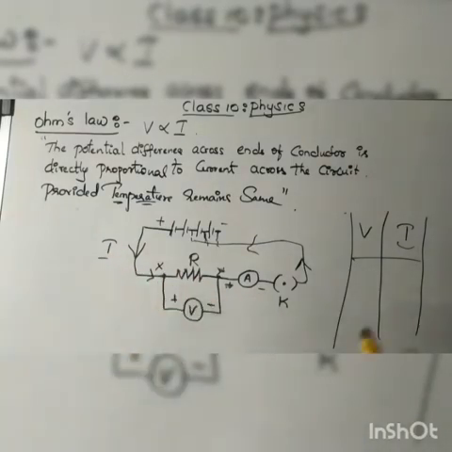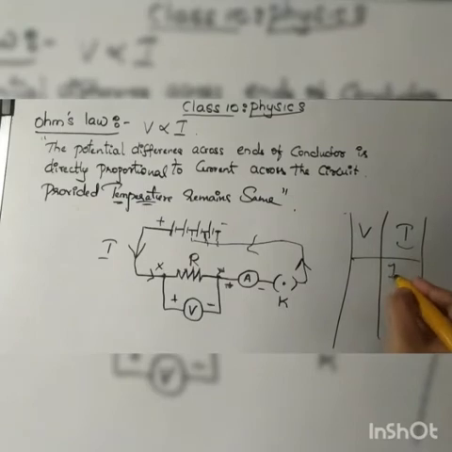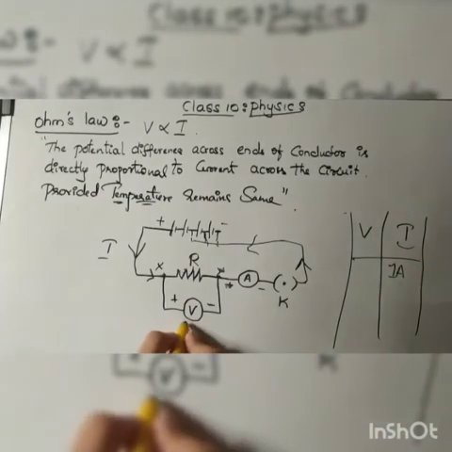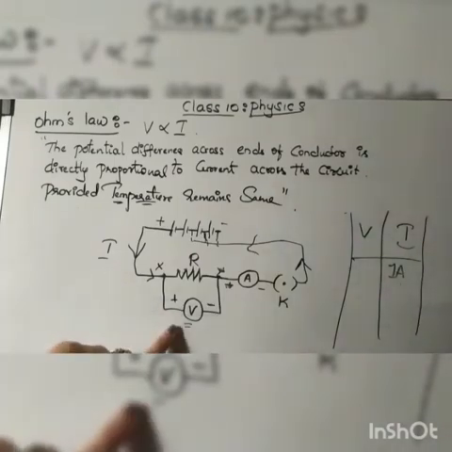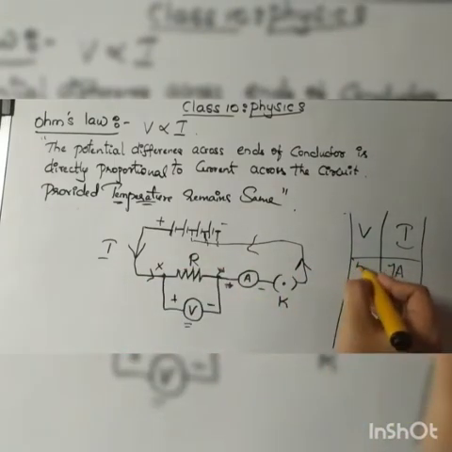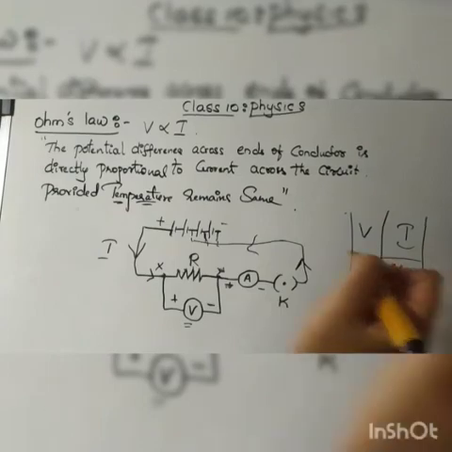For example, the ammeter first shows a current of 1 ampere, so what is the voltmeter reading? For instance, 5 volt.